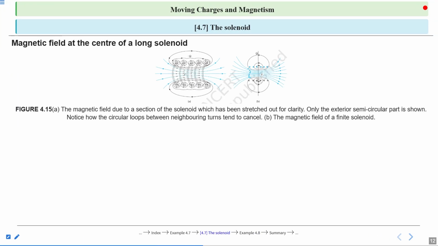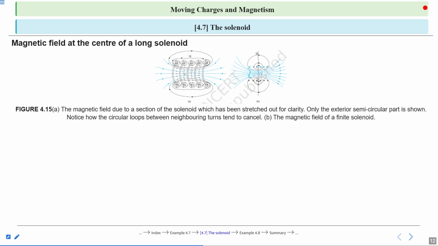You can see in the diagram, figure 4.15a, the magnetic field due to a section of the solenoid, which has been stretched out for clarity. Only the exterior semicircular part is shown; this is the magnified view.